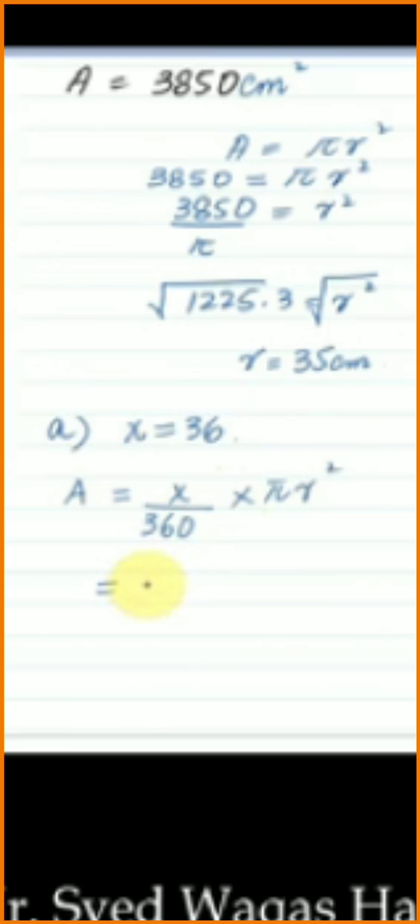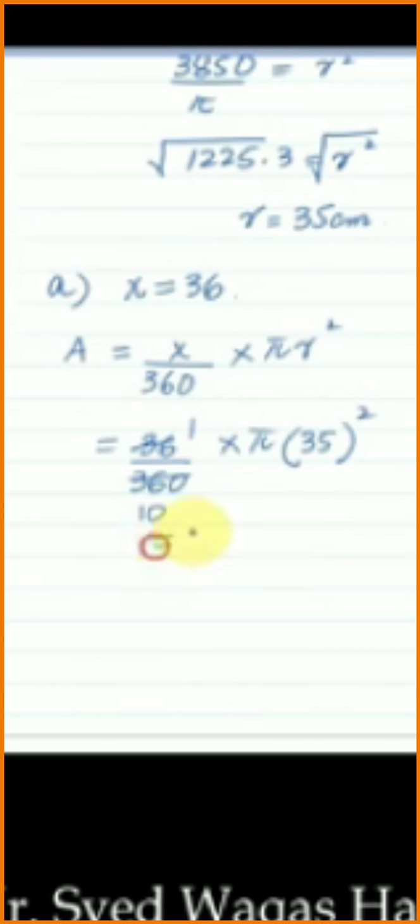The value of x in the first part is 36 divided by 360 multiplied by pi, and radius is 35 square, right? 36 times 10 is 360. So 35 square is 1225 pi divided by 10. So 1225 multiplied by 3.142 divided by 10 is 384.9.